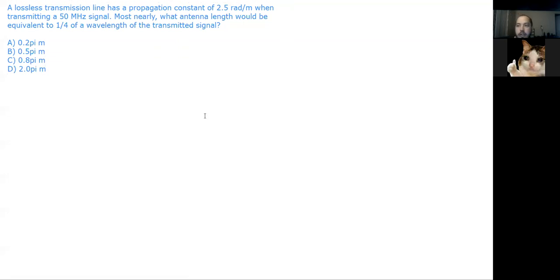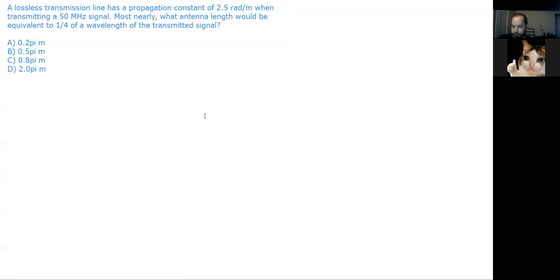Okay, so a lossless transmission line has a propagation constant of 2.5 radians per meter when transmitting a 50 megahertz signal. Most nearly, what antenna length will be equivalent to 1/4 of a wavelength of the transmitted signal? So our answers are going to be in pi this time: 0.2, 0.5, 0.8, or 2 pi meters.